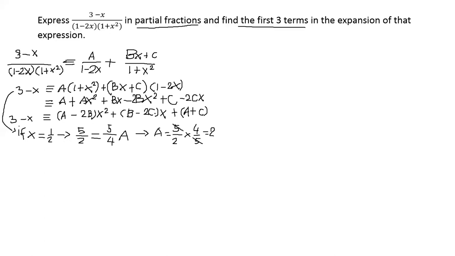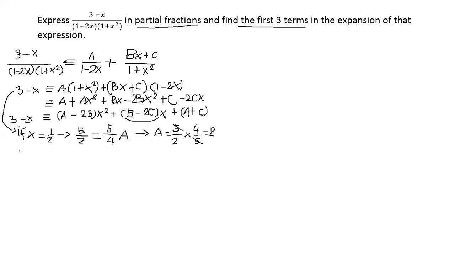The next step, according to equation coefficients, b minus 2c x equals -1 here. Yeah, the coefficient of x at the right side is b minus 2c. The coefficient of x at the left side is -1.